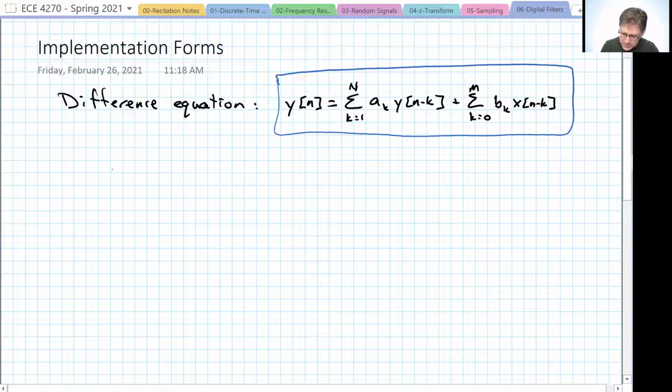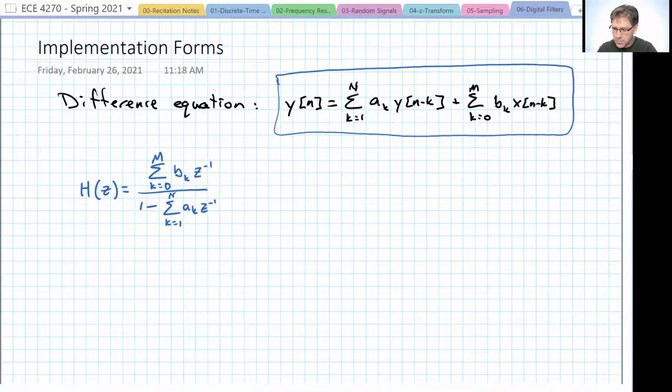Well, based on this, we can write our system function as H(z) equal to the z-transform of the x terms over on the top and the y expression on the left.